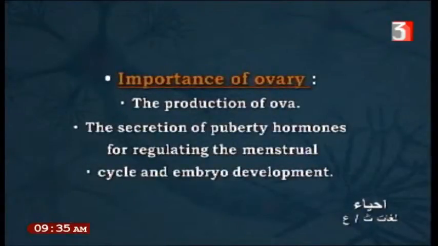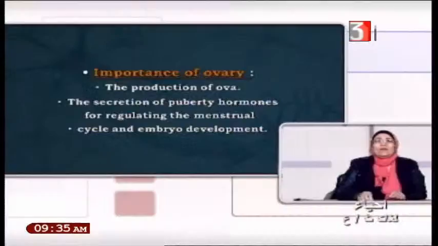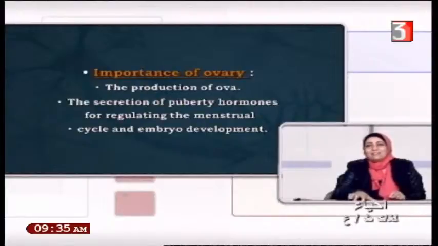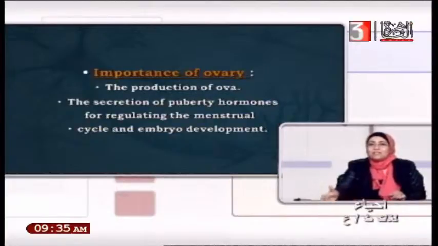What is the importance of the ovary? The main function of the ovary is producing the ova, and about 400 ova are available inside the female for the fertilization process.